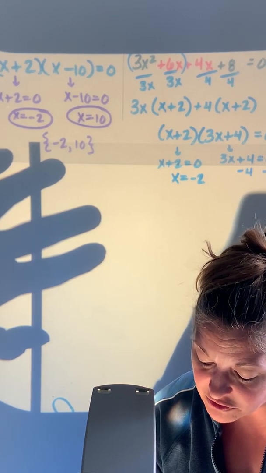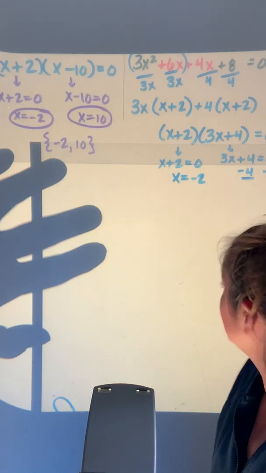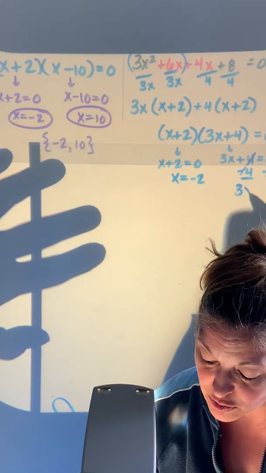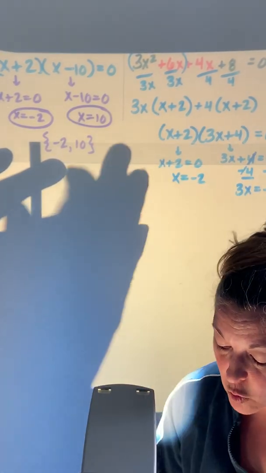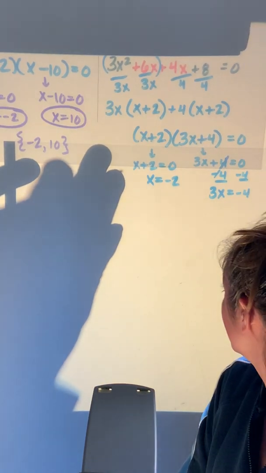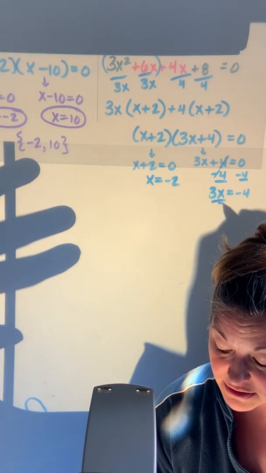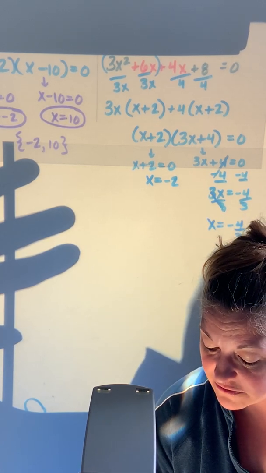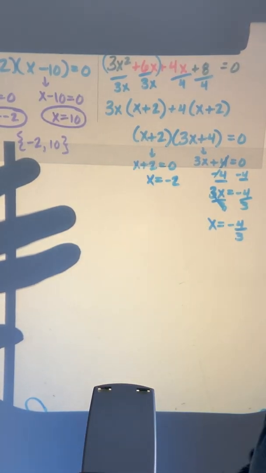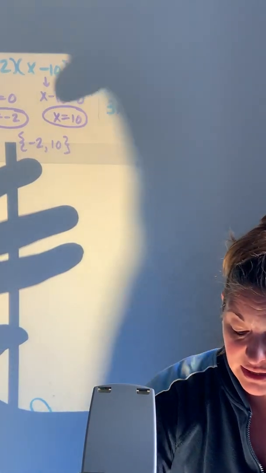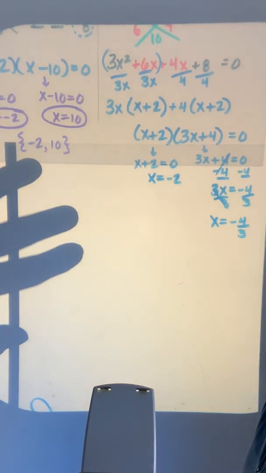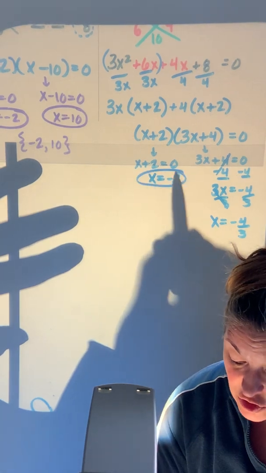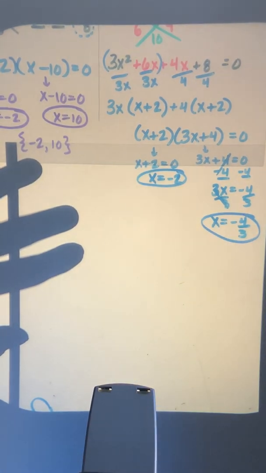We'll subtract the 4 over to the other side. That will give us 3x equals -4. Divide by 3, and that will give us x equals -4/3. Okay, so our answer down here, we will have a -2 and a -4/3.